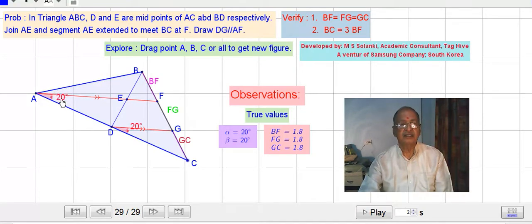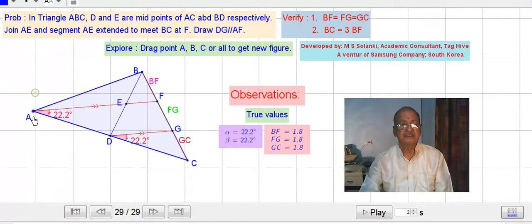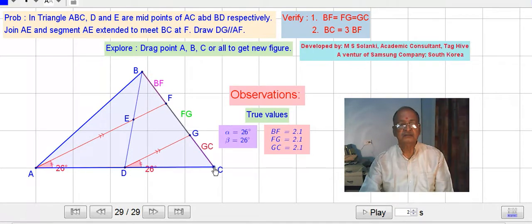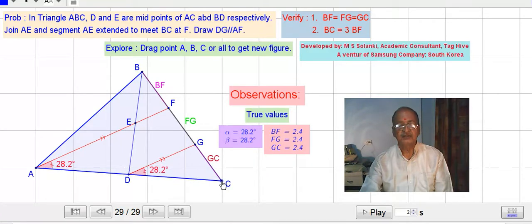This angle is here, this is here, so 20 degree this and 1.8 unit BF, FG and GC ki value 1.8 unit aa gaye. Now let us this value, you can take this value, so 5 values already we have noted here. You can pause your video and you can note down.